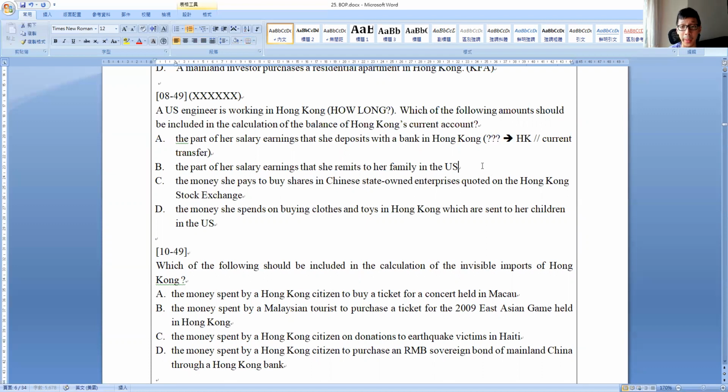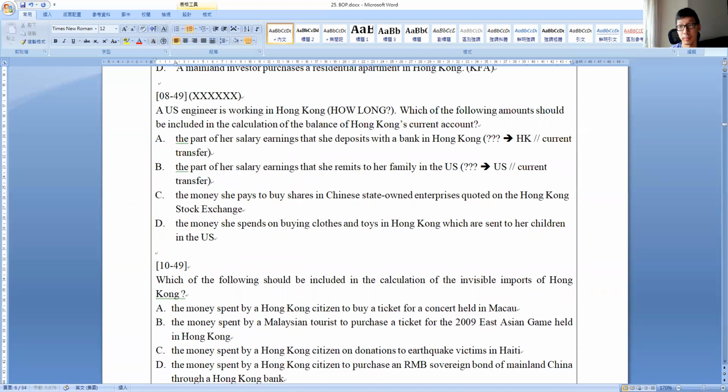If this is Hong Kong, not BOP, right? 嗱，所以我唔知啊，真係。好啦，B part of her salary earning remits to her family in US. So someone sends money to the US again, remittance, current transfer. 但係咪 BOP 啊？How do I know? How do I know? Right now, the money she pays to buy shares in China on the Hong Kong stock market，係咪啊？So someone paying money to Hong Kong, and we know if it counts, it will be KFA account. 係嘛？嗱，呢個我唔知計唔計 BOP，but even if it counts BOP, it will be KFA, right?